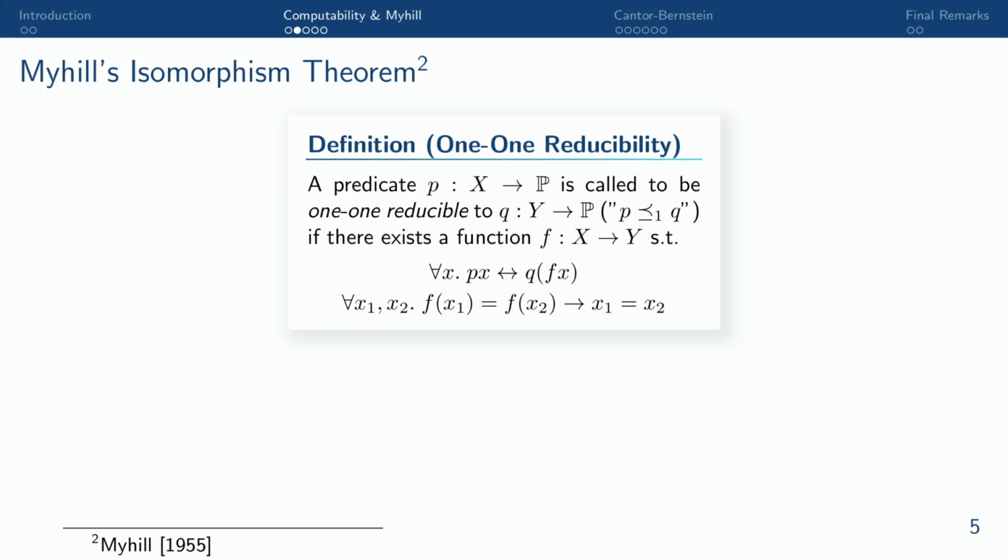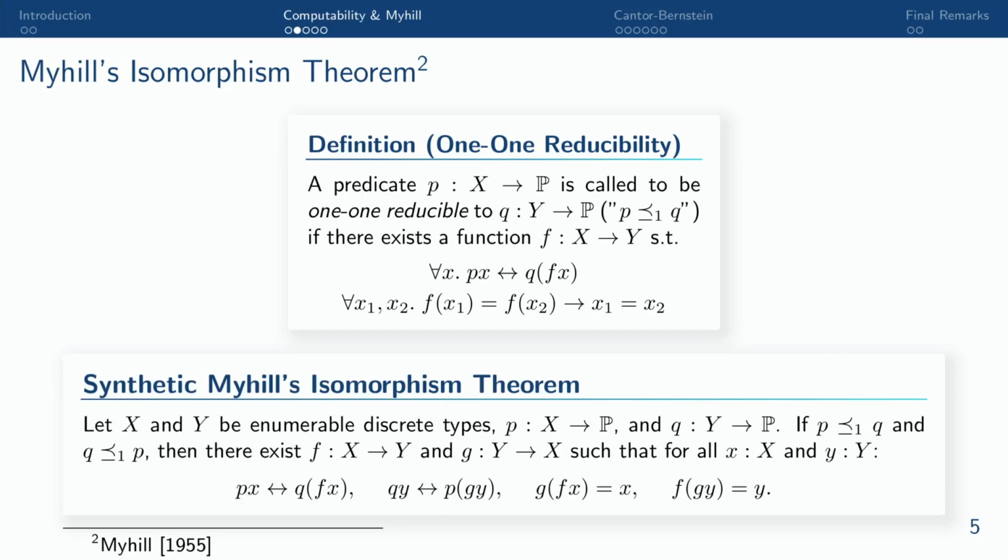And with this 1-1 reduction, Myhill formulated his isomorphism theorem, again for enumerable and discrete types, and two predicates P and Q. And he says if those two predicates 1-1 reduce to each other, P to Q and Q to P, that then there exist functions f and g that again fulfill this pointwise equivalence and that invert each other, so in fact f and g are bijections.